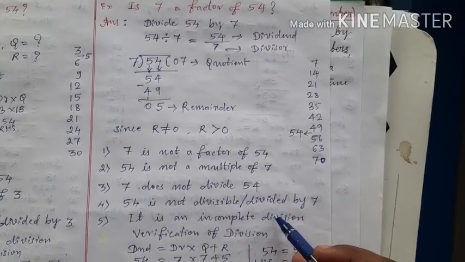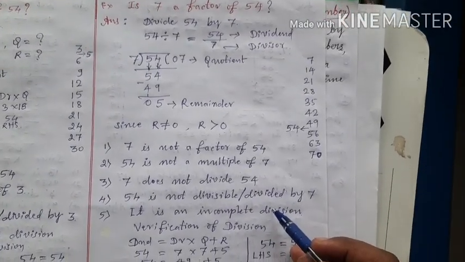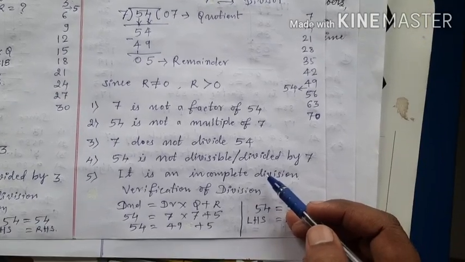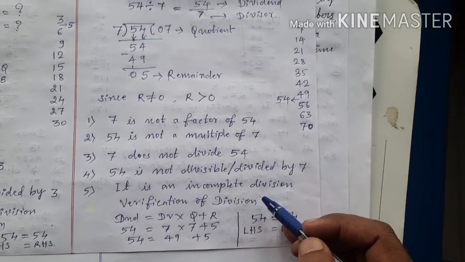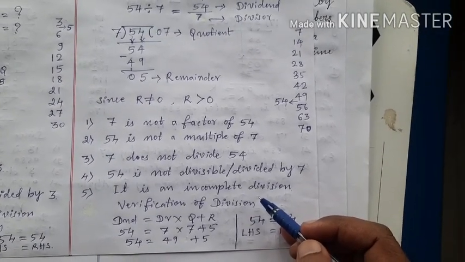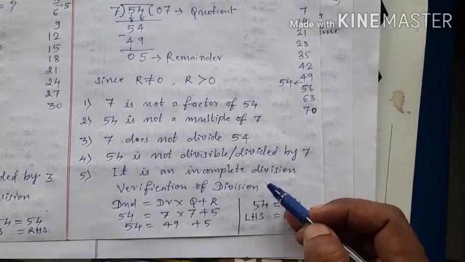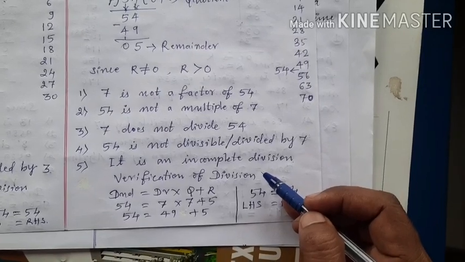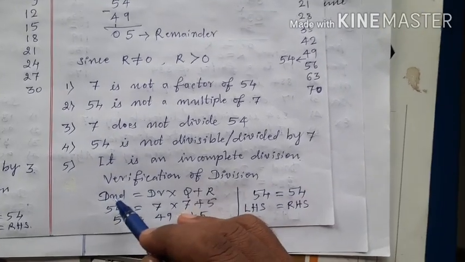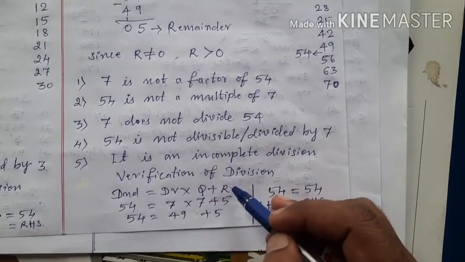Okay, and whether the division done by us is correct or not is checked by a rule or a law, and that law is called division lemma or division algorithm. According to division algorithm, dividend is equal to divisor into quotient plus remainder.